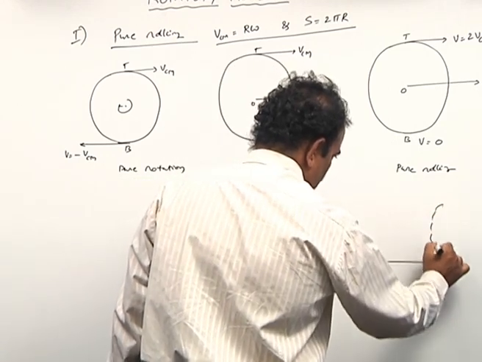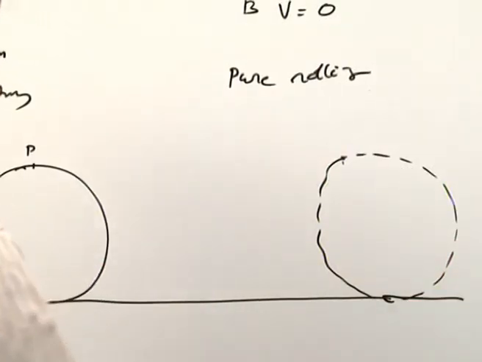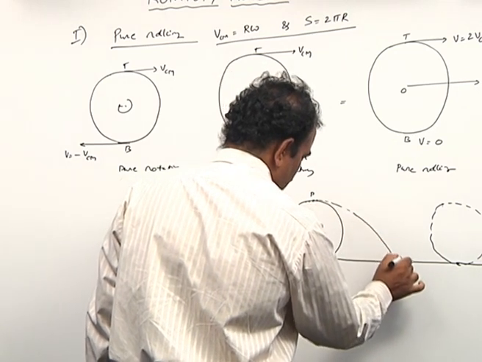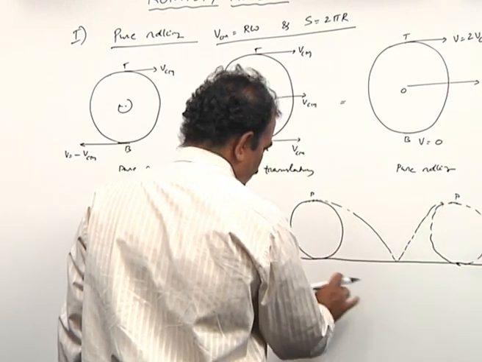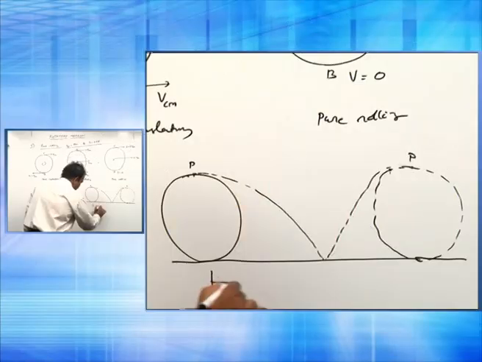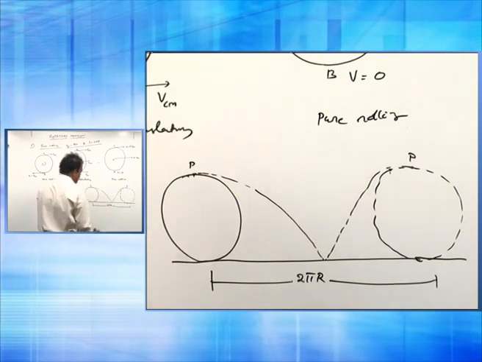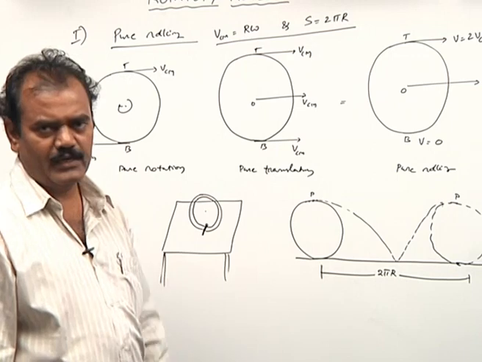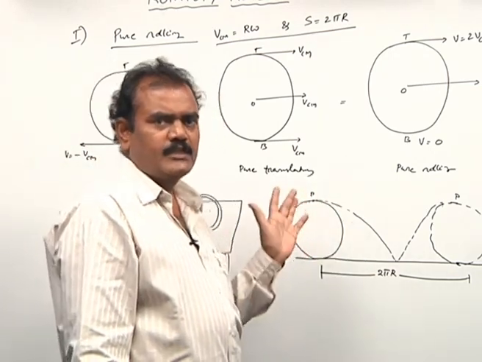The distance advanced by this wheel in one complete rotation: point P comes here like this, and thereafter moves to this position. It is 180 degrees, and again here 180 degrees. So overall it becomes 2 pi r. The distance advanced by the center of that wheel in one complete rotation is equal to 2 pi r. Then it is said to be pure rolling motion.